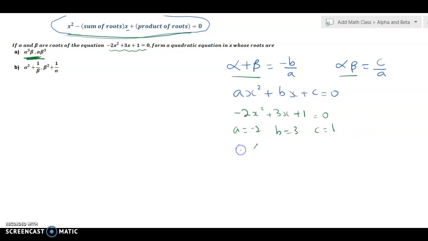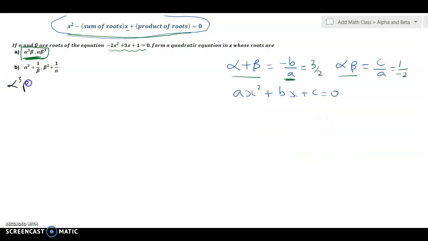So therefore, alpha plus beta, following the formula from up here, is minus b on a, which will be minus 3 on minus 2, 3 on 2. Alpha beta then would also be c on a, which would be 1 on minus 2. So now I have my values for here. So I will stick these in and we will attempt to now look at this part of it.